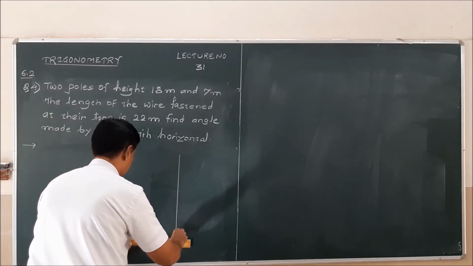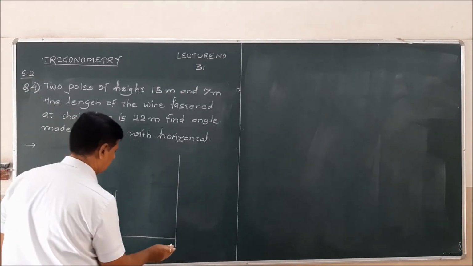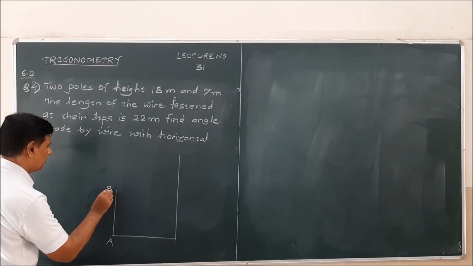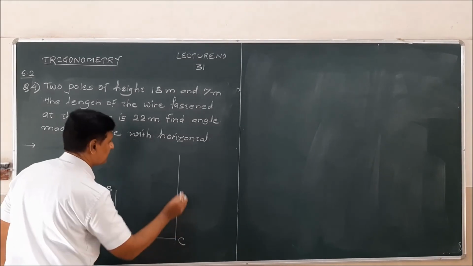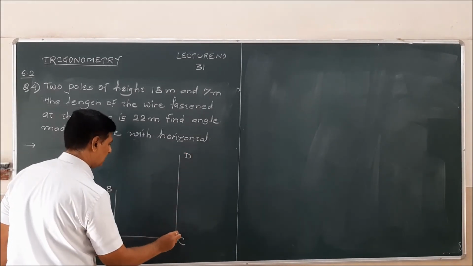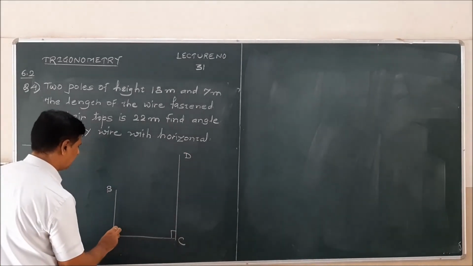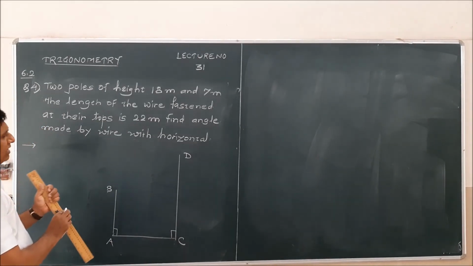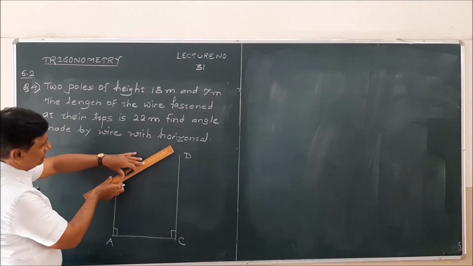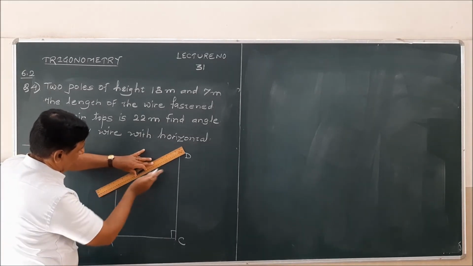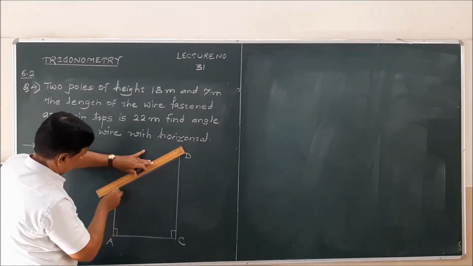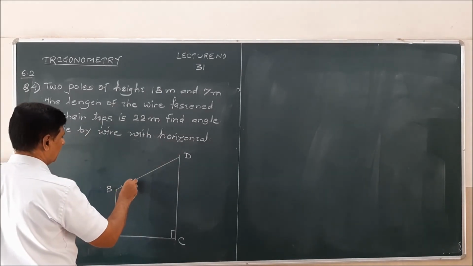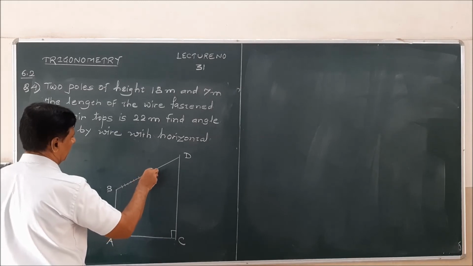Both of them are erected on the ground. So AB and CD are two poles. Then the wire is fastened at the top. So you will find that this wire is there. BD is a wire.